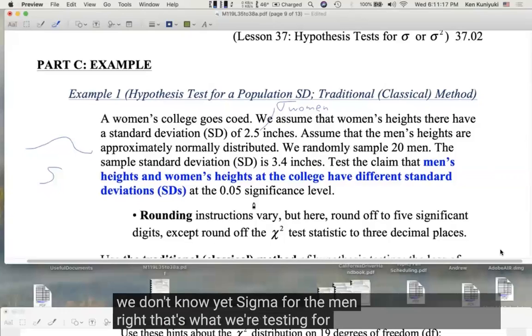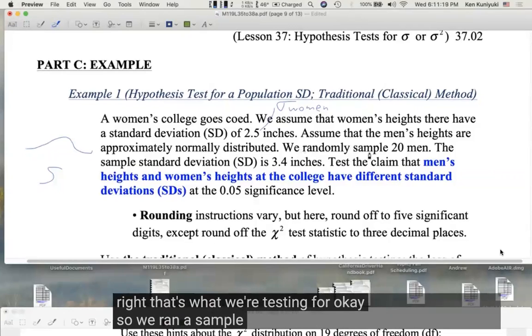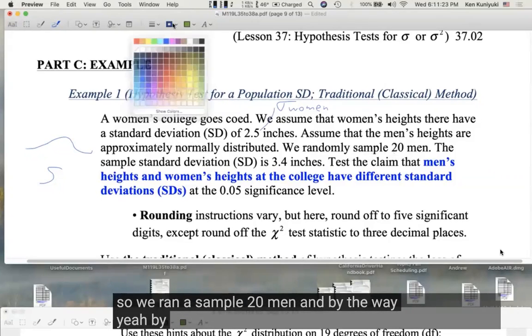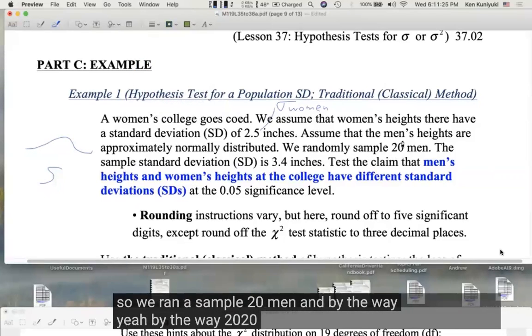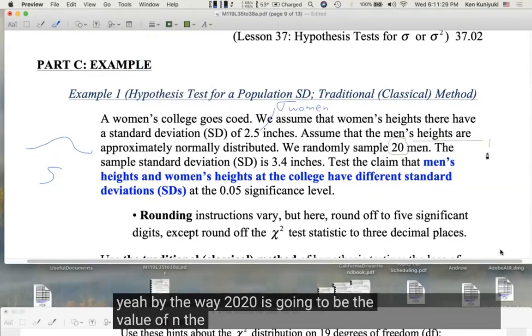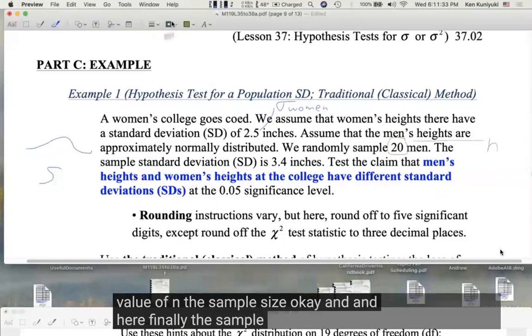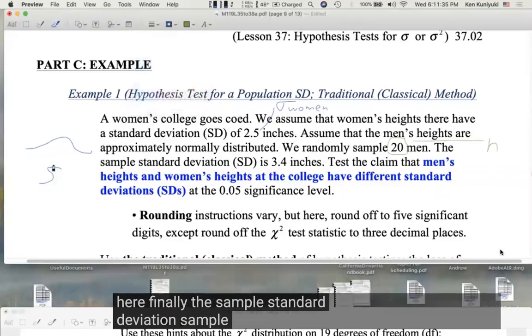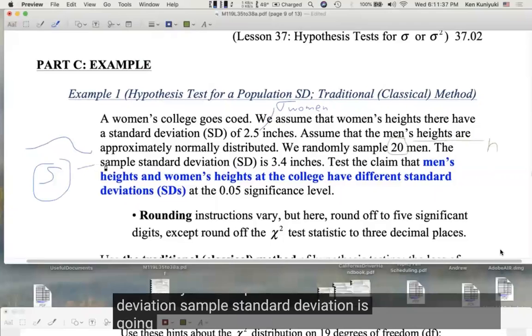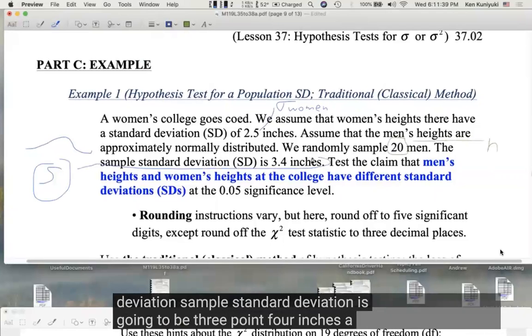That's what we're testing for. Okay, so we sample 20 men, and by the way, 20 is going to be the value of n, the sample size. And here finally the sample standard deviation is going to be 3.4 inches.